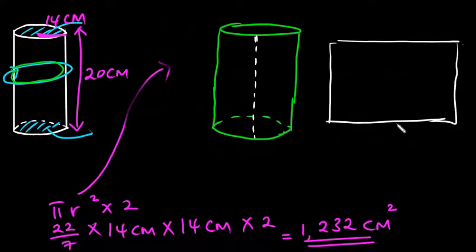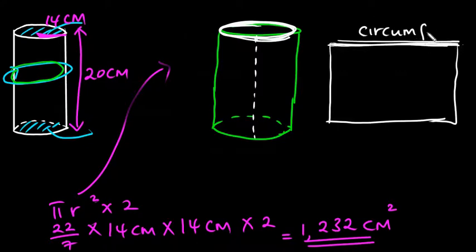This length is going to be the circumference of this circle. So the circumference becomes the length, and the width of the rectangle is the height of the cylinder. So to get the area of this new rectangle, we need to multiply the circumference by the height.